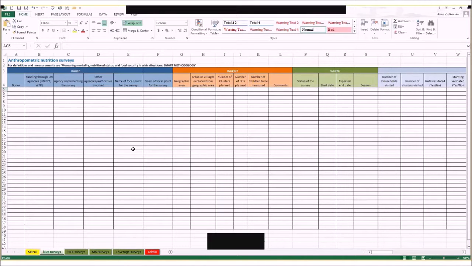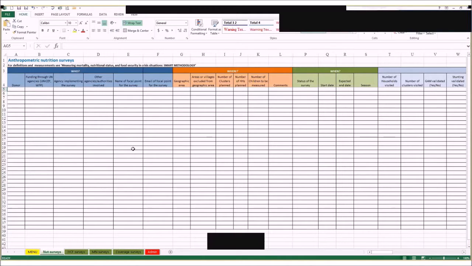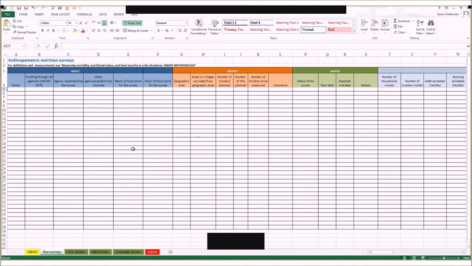Yes, so as I said, it will normally be through the cluster coordinator or nutrition focal point or whoever is there in the country. But if there is a humanitarian response info website, then I would think that this should be regularly published on the website and can be downloaded for use by anyone.